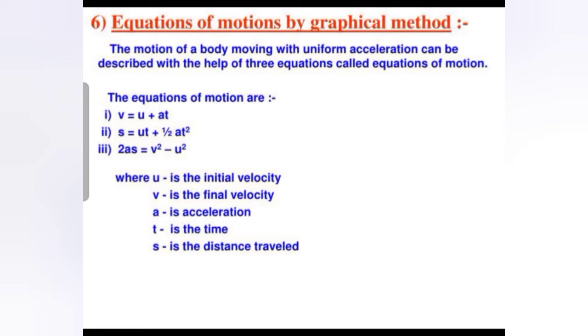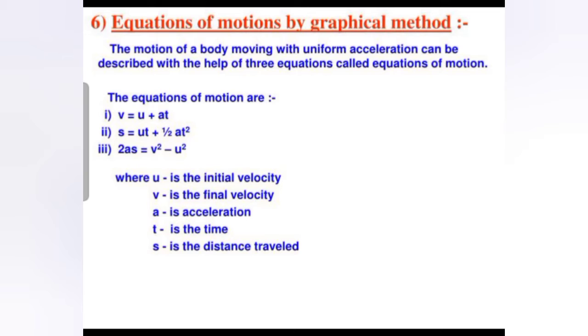Students, when an object moves along a straight line with uniform acceleration, it is possible to relate its velocity, acceleration and the distance covered by it in a certain time interval by a set of equations. We will discuss the three equations of motion.